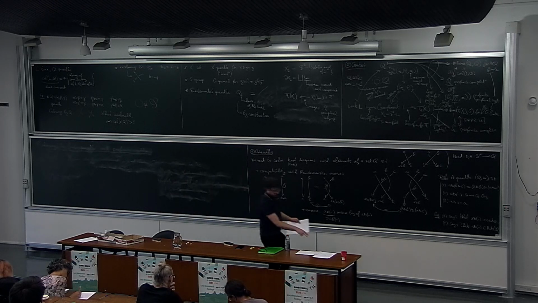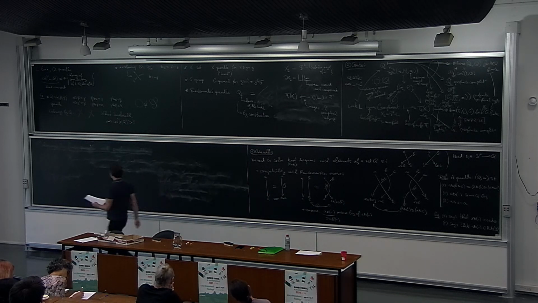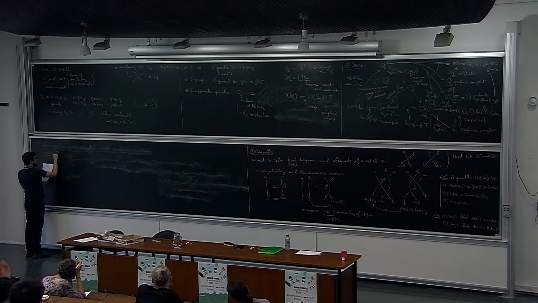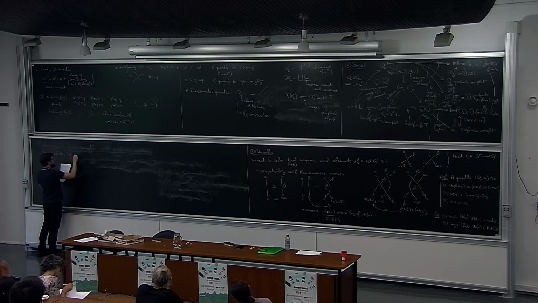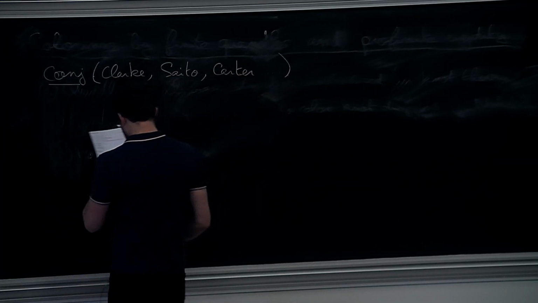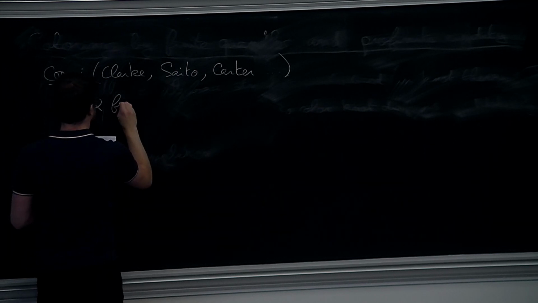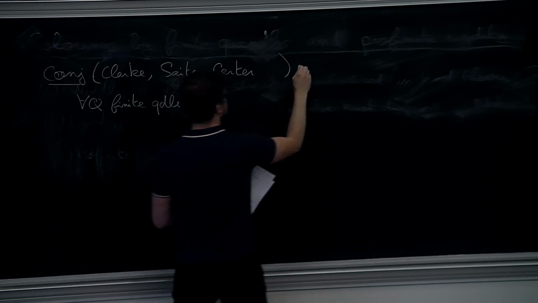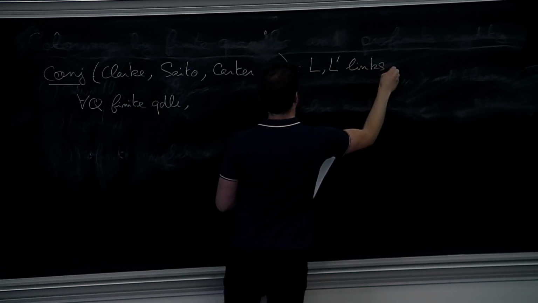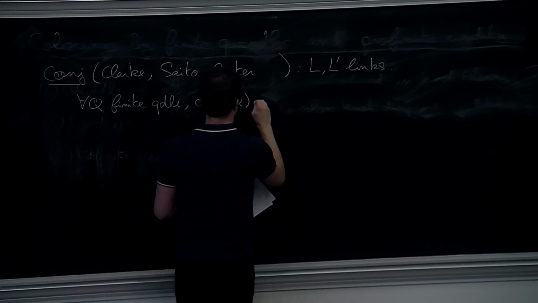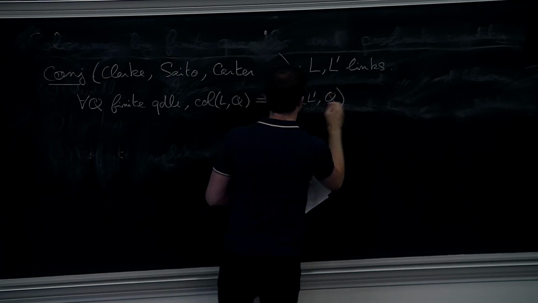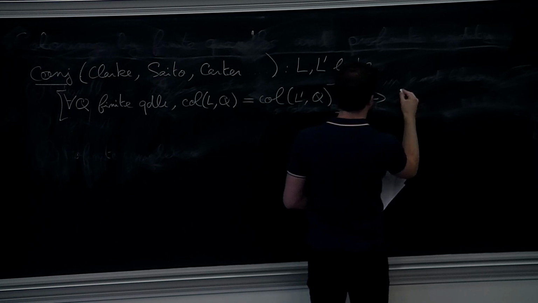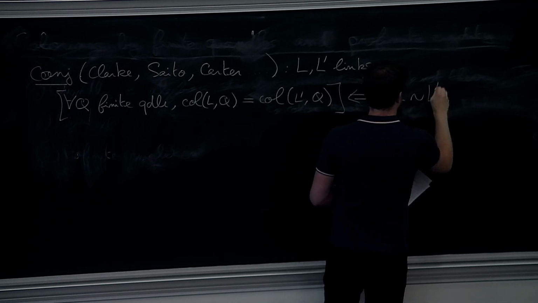So the conjecture, in the world of quandles, so you can quote Clark, Saito, Carter, etc., is that for all finite quandles Q, if I have links L and L prime, if the number of colorings by every finite quandle is the same, then this is equivalent to this.